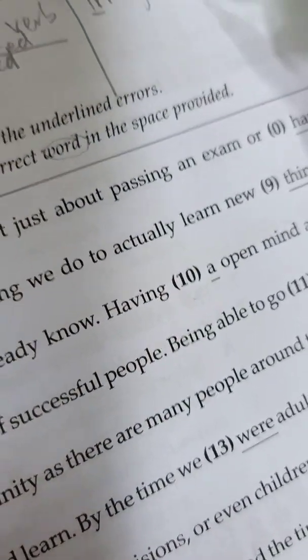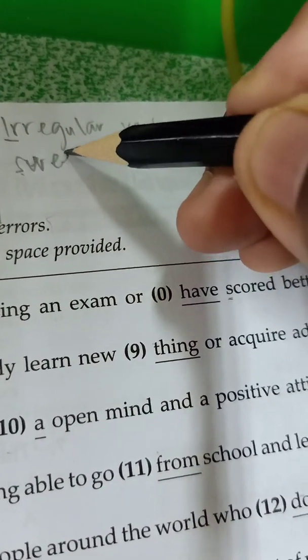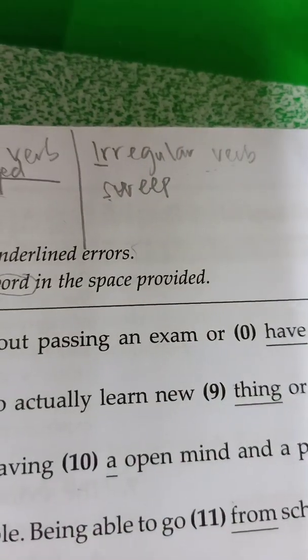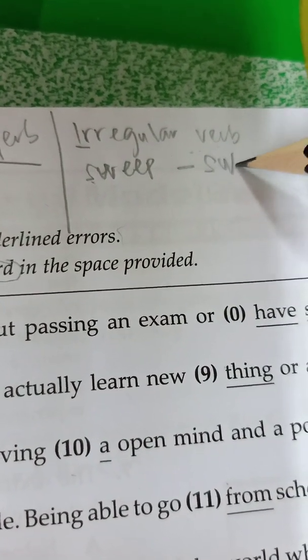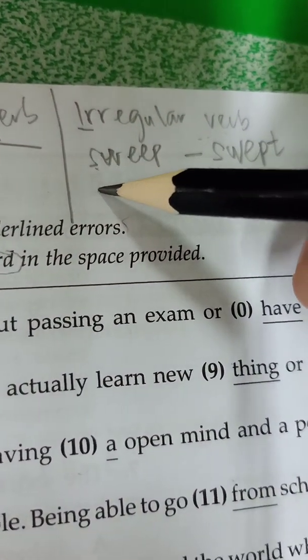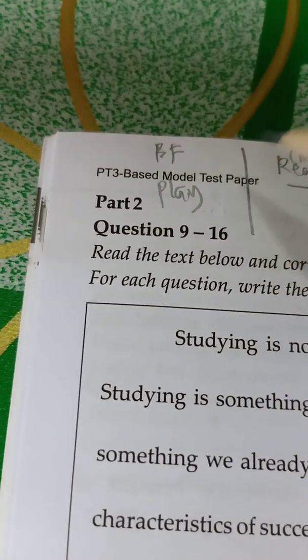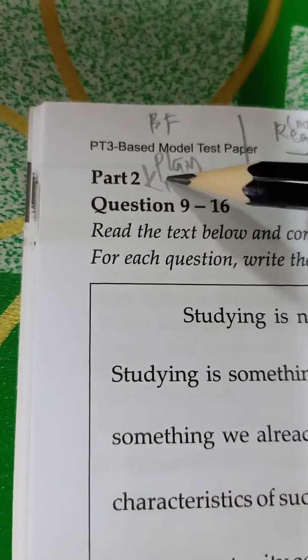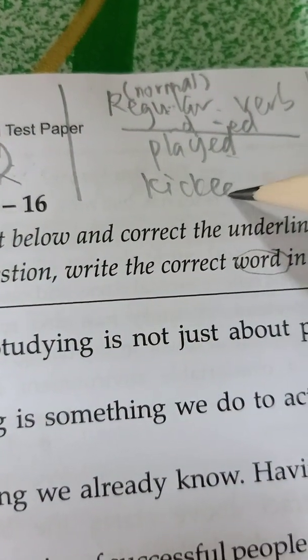Now, for an irregular verb, for example, sweep. What is sweep? Sapu. The past participle is swept. Next, what about kick? Kick is BF. So it is K-I-C-K-E-D, kicked.